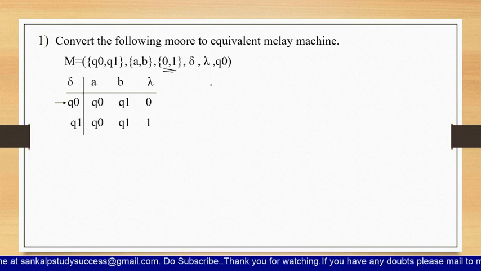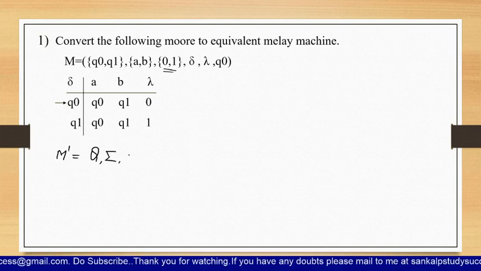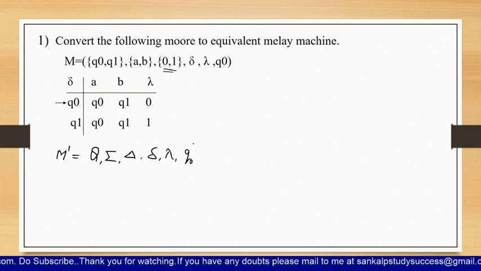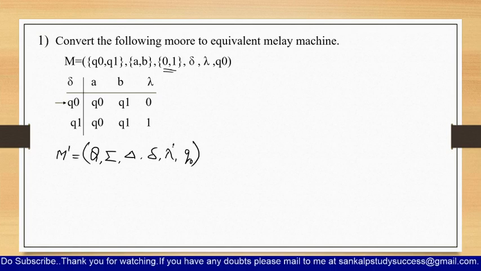So now we need to find out lambda dash. Let us consider M dash is equal to Q, sigma, delta, which is the output alphabet, transition function, lambda dash and Q0. Here everything present in the Moore machine is also the same in the Mealy machine, but lambda and lambda dash are different.